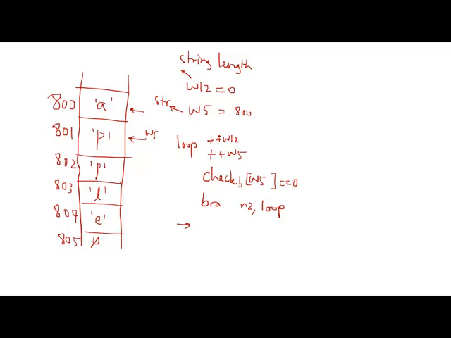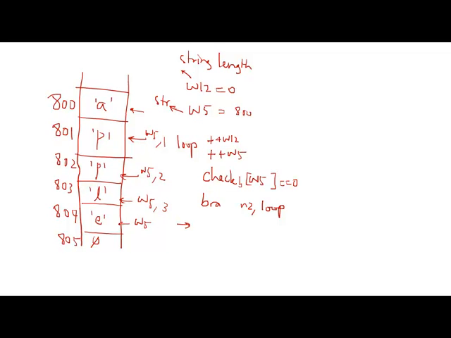Now it becomes 2. And then W5 is going to point to here. So when W5 was pointing to here, W12 was 0. Here W12 would be 1. Here it would be 2. Then next iteration, W5 points here, 3.